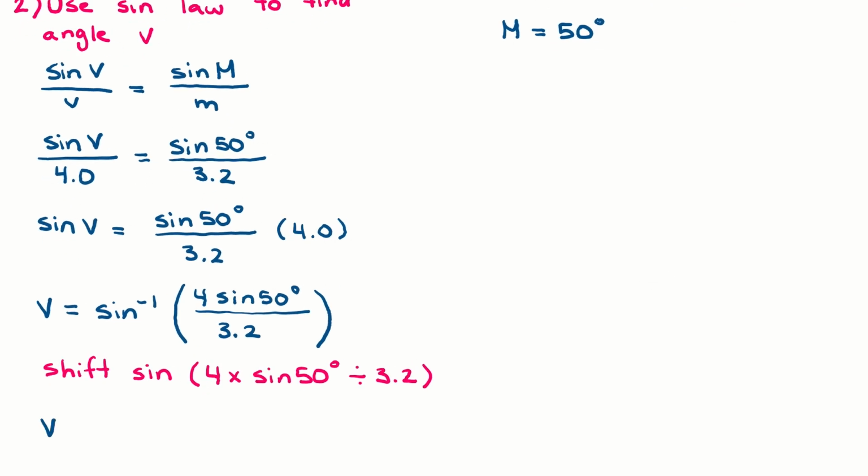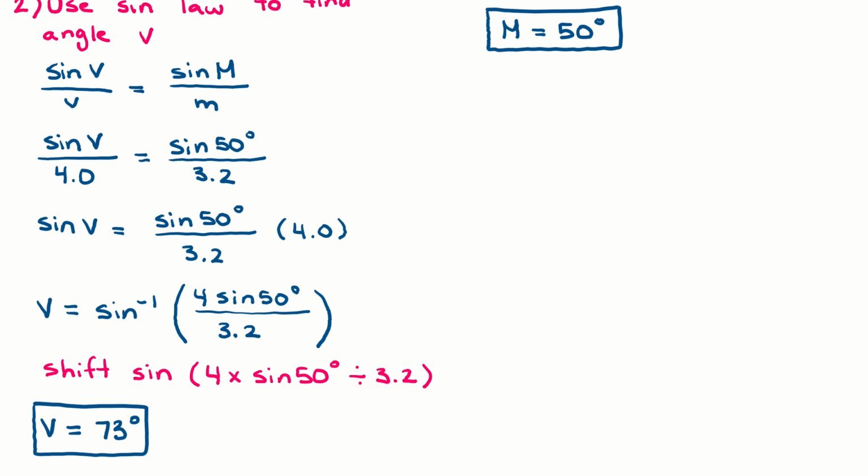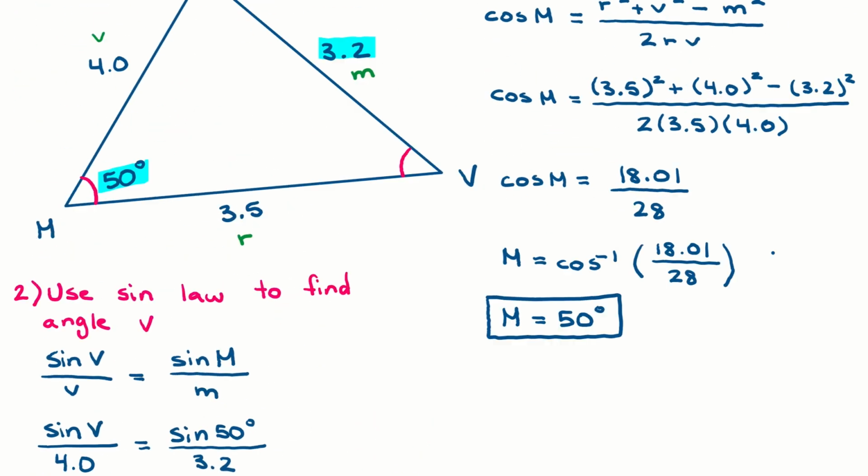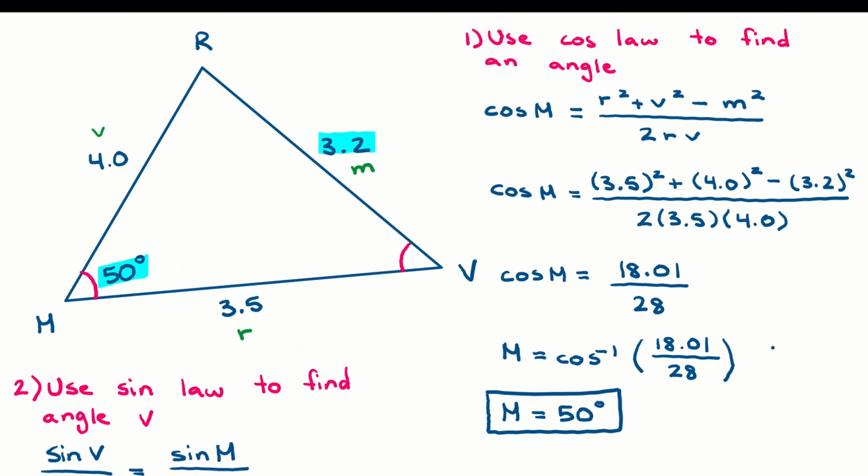And that will give you angle V, which in my case is 73 degrees. Okay, so now we have angle M and angle V. I can go up and put angle V back in the triangle. So that is 73 right here.